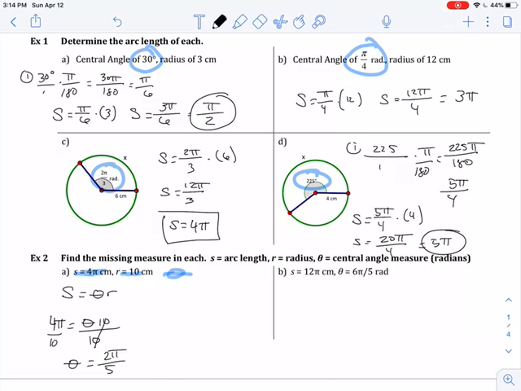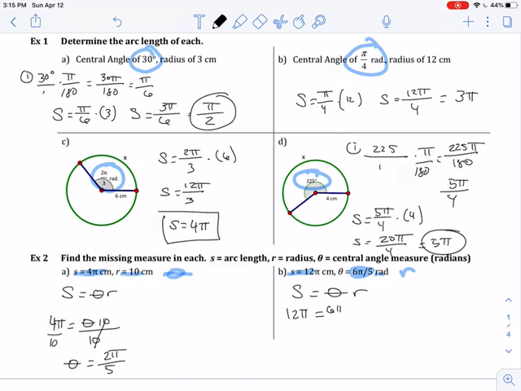All right, this next one, again, they're giving me the arc length. All right, in this case, they're giving me the theta, and I'm looking for the radius. So R is going to be what I don't know. So S equals, all right, I have my S is 12 pi.